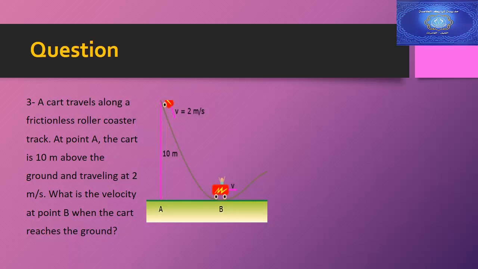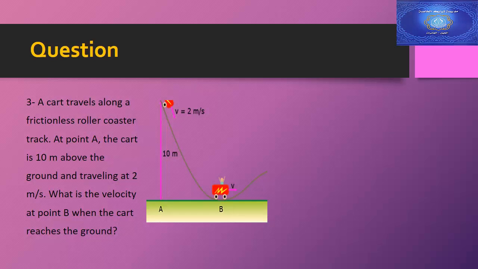We have this track. This track is frictionless. It means that no energy will be lost. We want to calculate the velocity at point B. The cart started with a velocity of 2 meters per second and its initial height 10 meters. We need to calculate the velocity at point B.